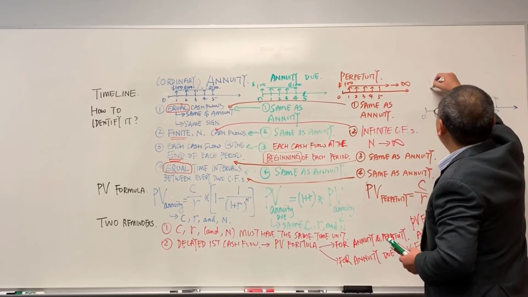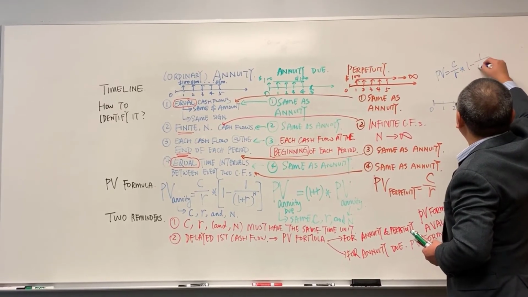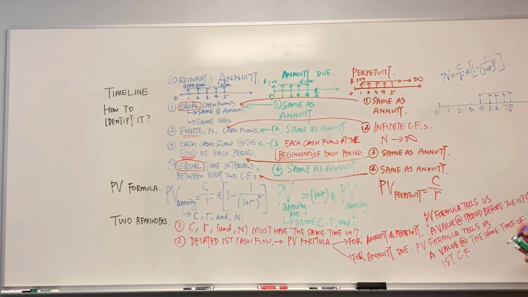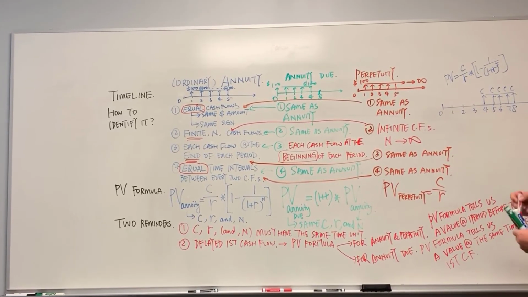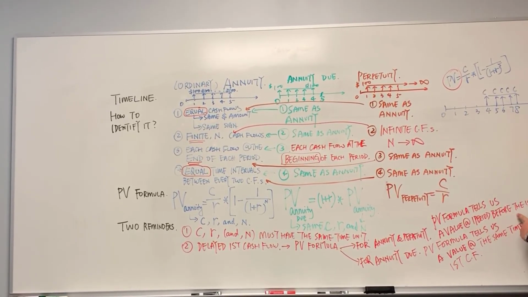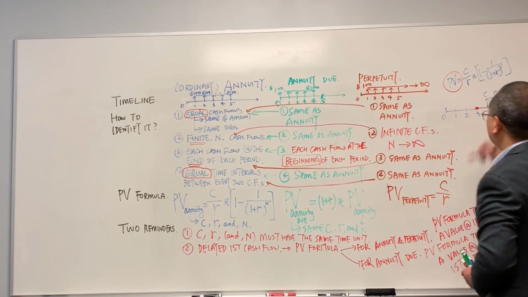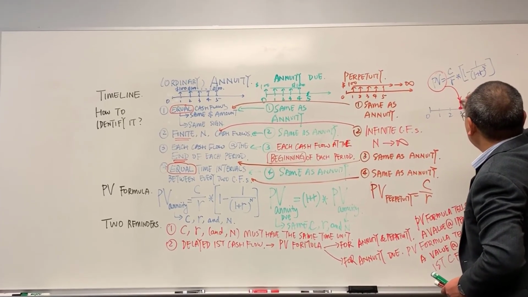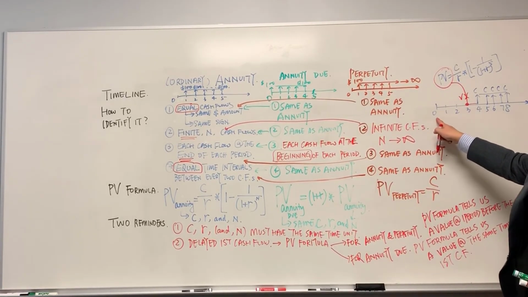So if you use present value equals C over R times 1 minus 1 over 1 plus R to the power of 5 in here, this equation's value is a value at one period before the first cash flow, which is in here. You have one value in here, not present value.